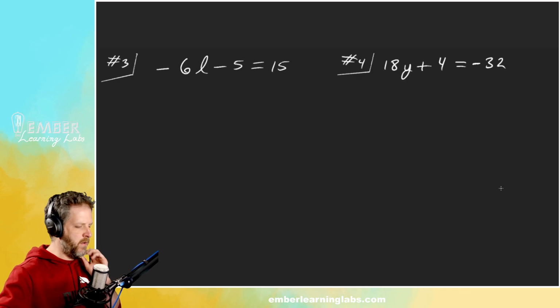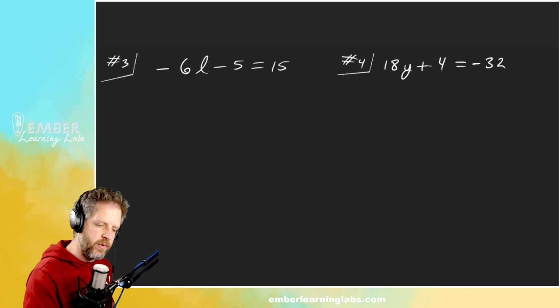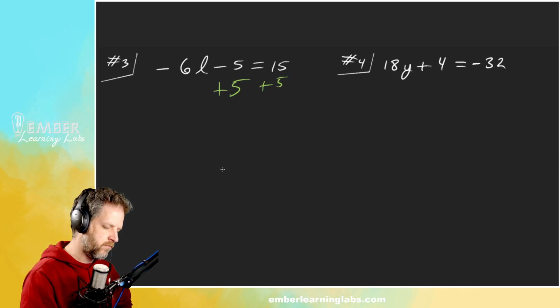Okay. Excuse me. So where we should have been is added 5 here, and gotten negative 6L equals 20.